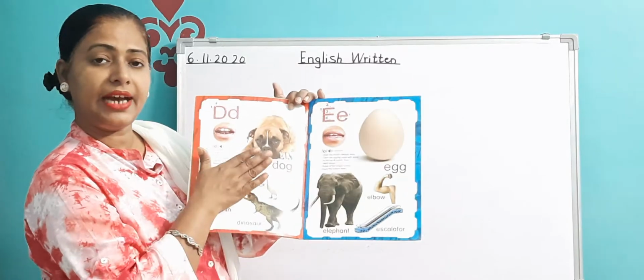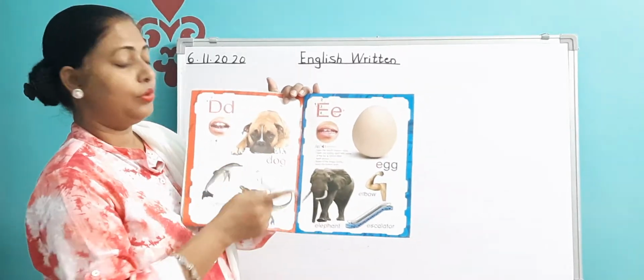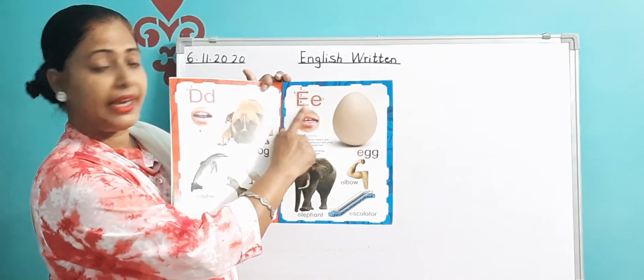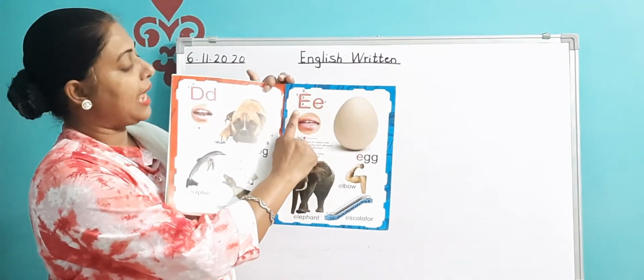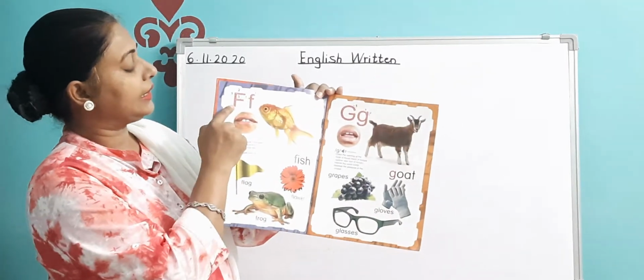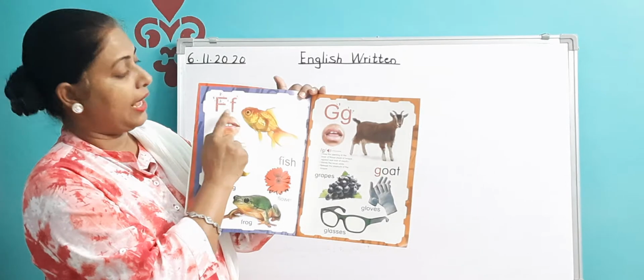Till here I have already taught you. Now the next alphabet is capital E, small e. And after that comes capital F, small f.